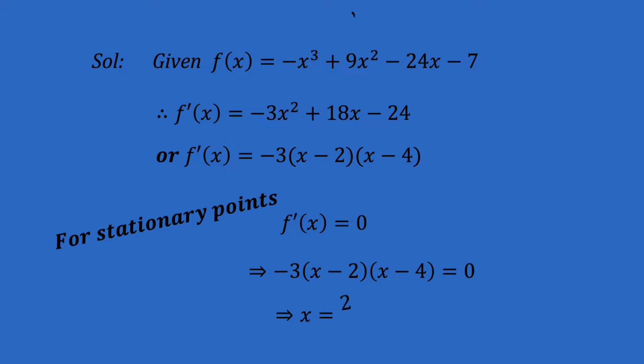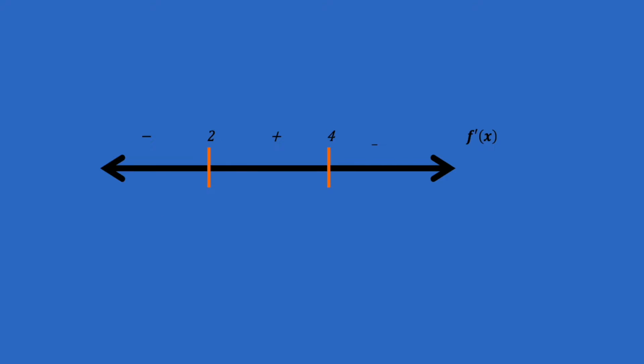So we find that x is equal to 2 and x is equal to 4 are the points where the curve takes turn, but we do not know whether these points are maximum or minimum. So we'll take the help of sign diagram of the first derivative.